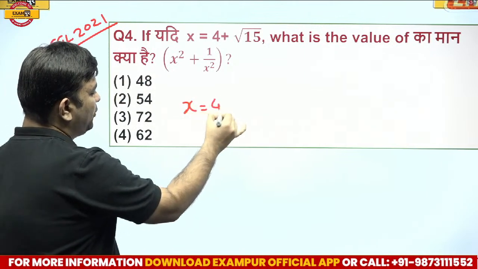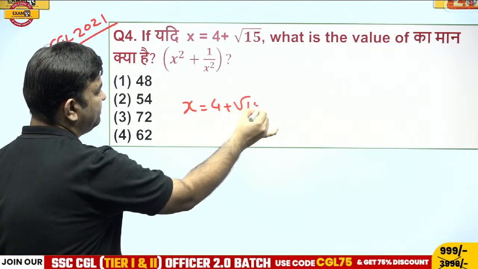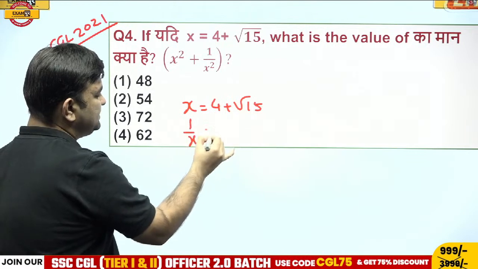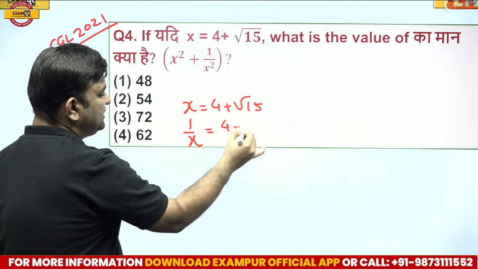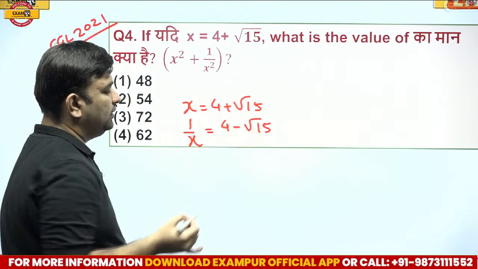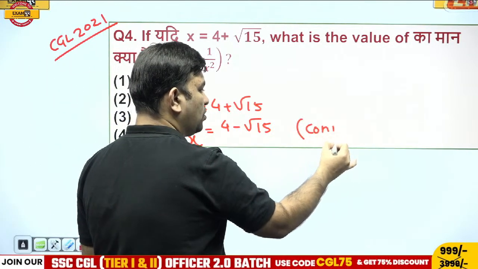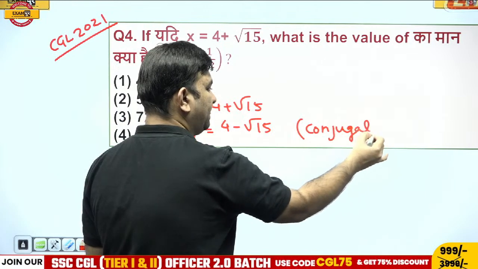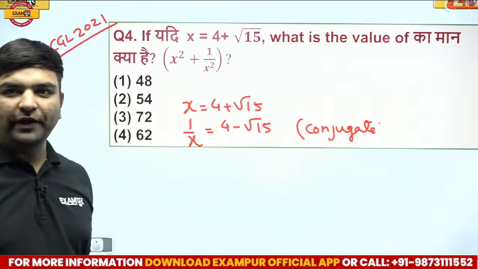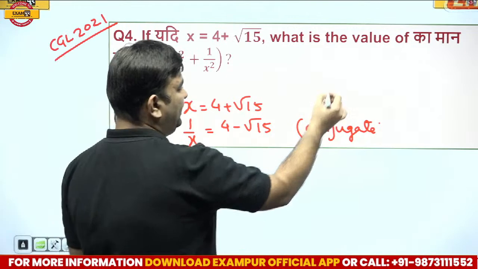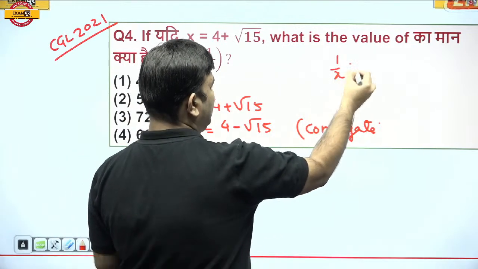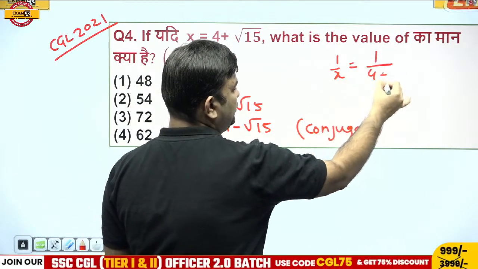x is 4 plus root 15, then 1 by x is 4 minus root 15. Conjugate. How can you find this? 1 upon x is going to be 1 upon 4 plus root 15.